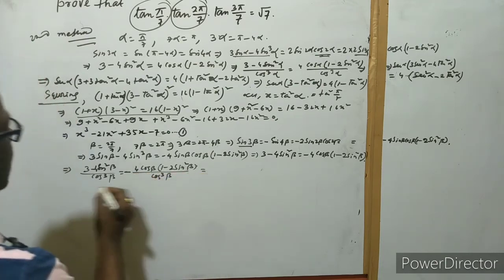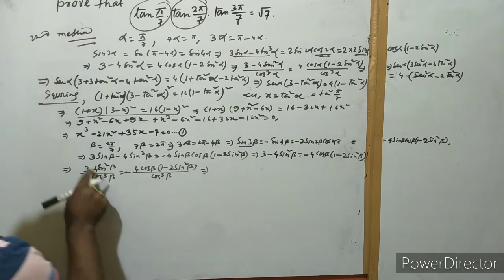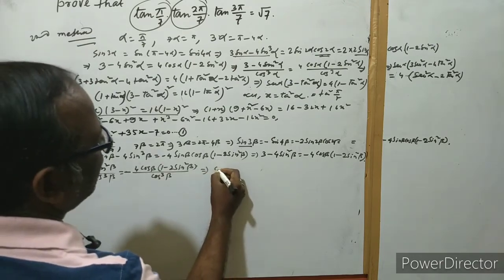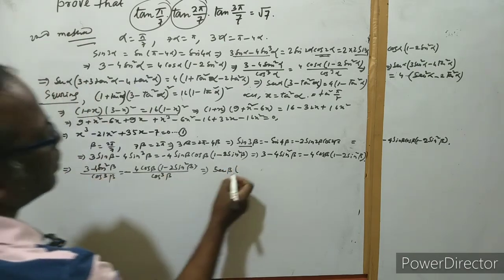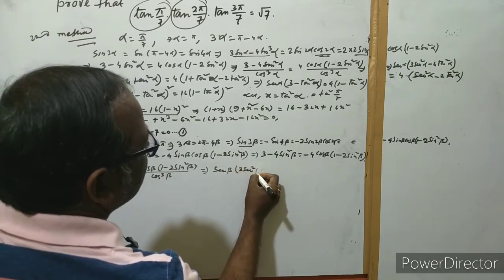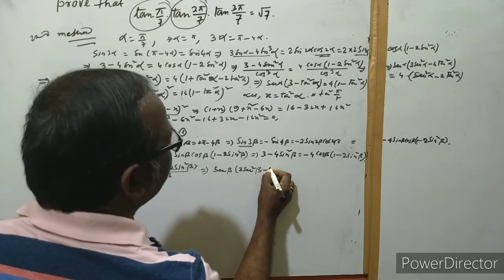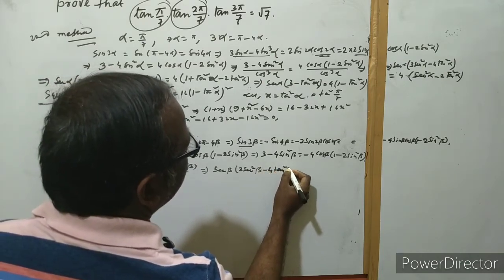And this is equal to, I think here one cos is left, and divided by cos square, so 3 sec square beta minus 4 tan square beta.